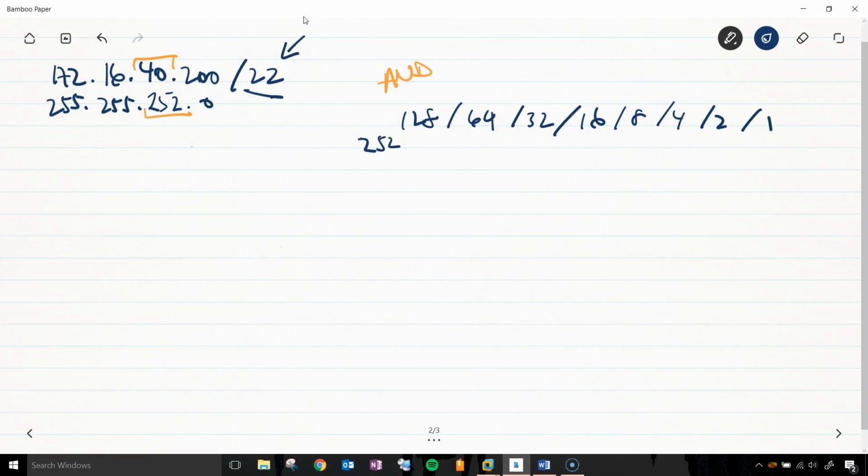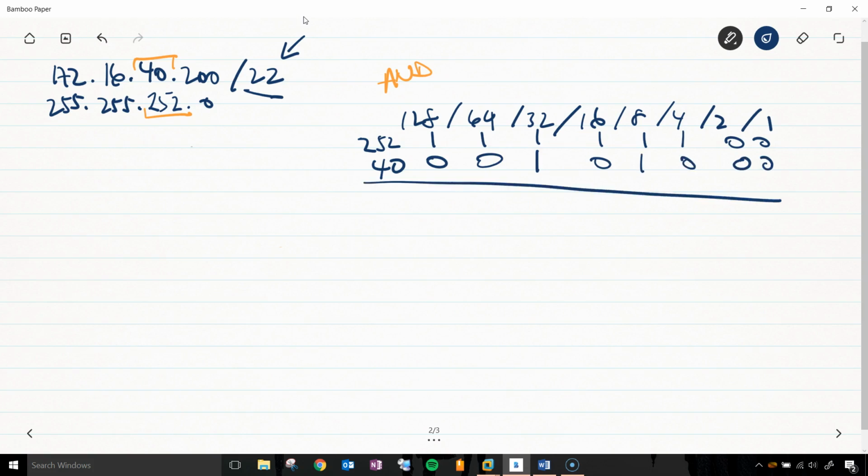So the 252, right, and 40. 40 would be 32 and 8. And we do an AND. Again, 2 ones. That's what we're interested in. And 32 and 8. So it's 40. So the subnet number begins with 40.